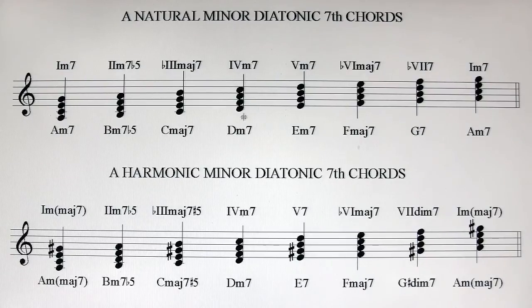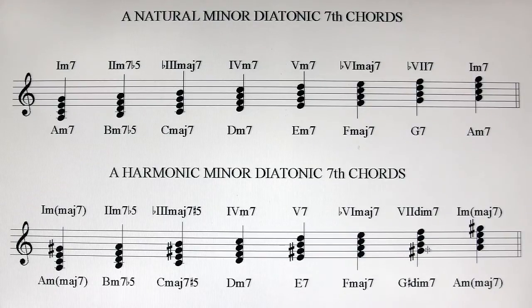Here we have on the 4th degree a minor 7th chord, still the same in both scales, but now the 5 minor 7 has become a dominant 7th, because of that G sharp again. Here the major 7th is the same on both degrees, and now our 7th degree, again because of the G sharp, has become a G sharp rooted chord, and it's changed quite significantly.